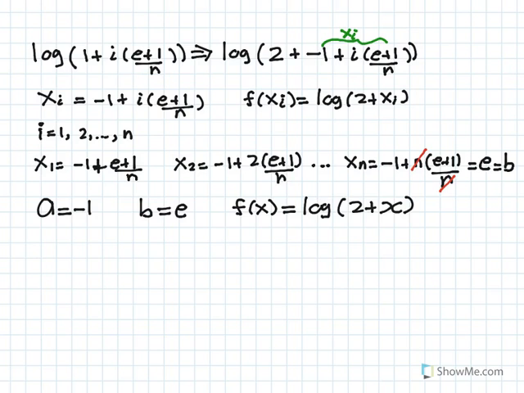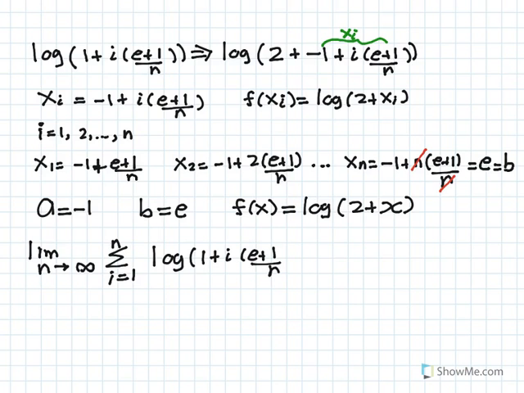So we can now transform the right-hand Riemann sum into a definite integral. We were given this question, limit as n goes to infinity, i goes from 1 to n, log of 1 plus i times (e plus 1)/n times (e plus 1)/n.